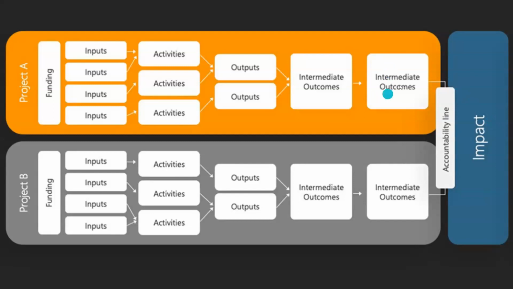But before that, you can see here, what you have is intermediate outcomes. What are the outcomes that the beneficiaries can experience right here? And before that is the outputs. The outputs are the number of times that your activities are delivered. So you have the activities here and the inputs right here. Well, you have funding, then you have other inputs like staff, other resources that you input to engage in the activities, or this is what we can term to be the projects that you're going to be delivering.